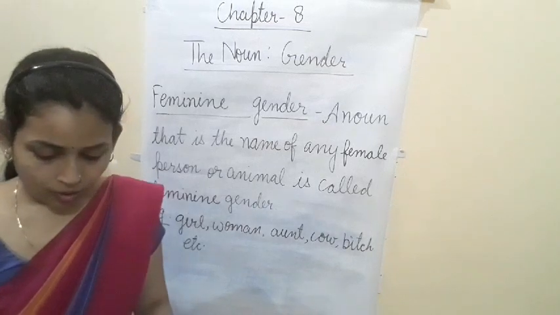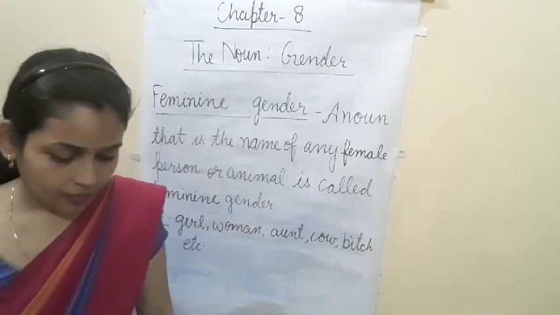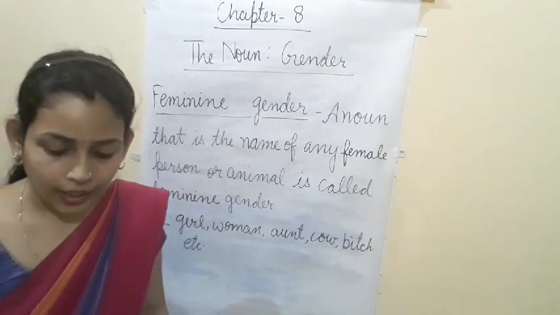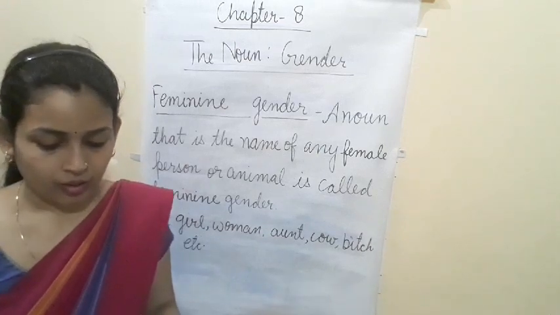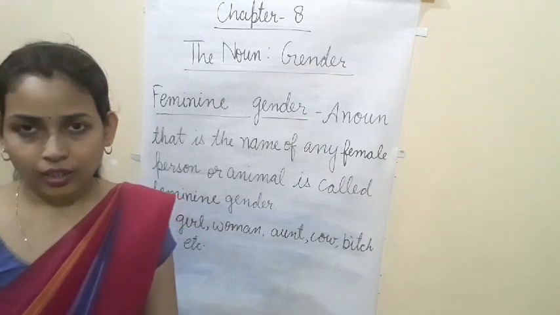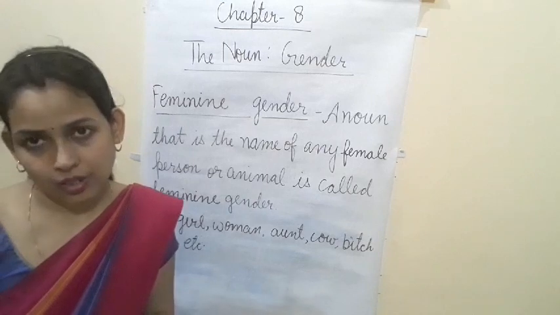Sister, wife, queen, nun, niece, mare, lady, duck, witch, vixen. Many examples are there. It is already given in your book, with many examples of masculine and feminine gender.